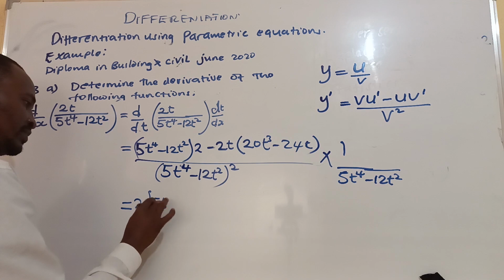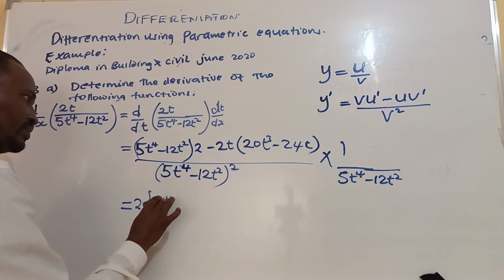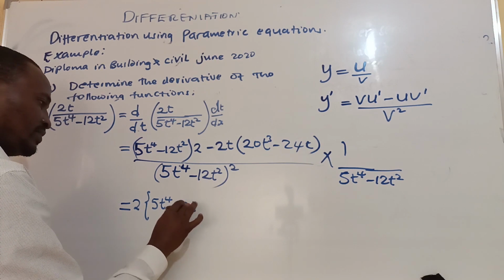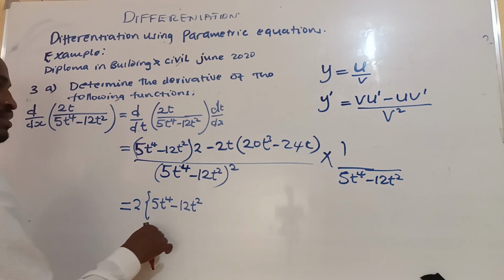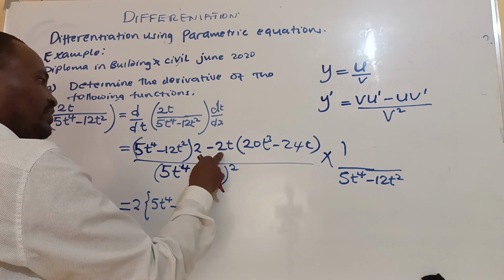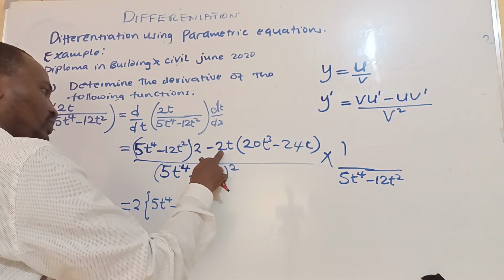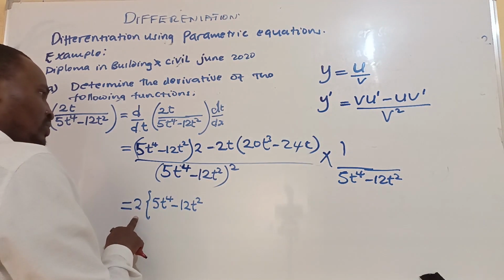Into 5t to the power 4 minus 12t squared. Yes, I factored out the 2, so it is this 2.